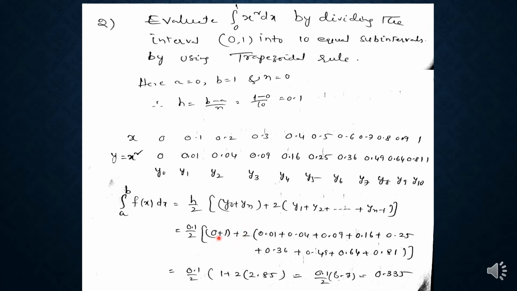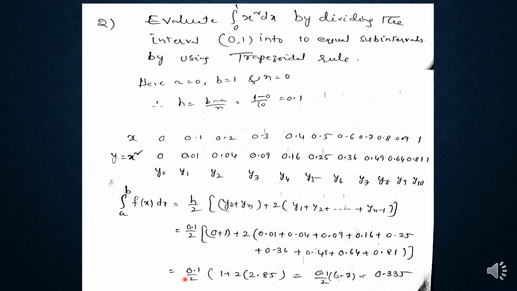First ordinate plus the last ordinate plus 2 into sum of the remaining ordinates, that is 0.01 plus 0.04 plus 0.09 plus 0.16 plus 0.25 plus 0.36 plus 0.49 plus 0.64 plus 0.81.